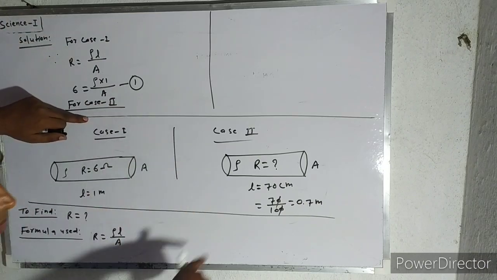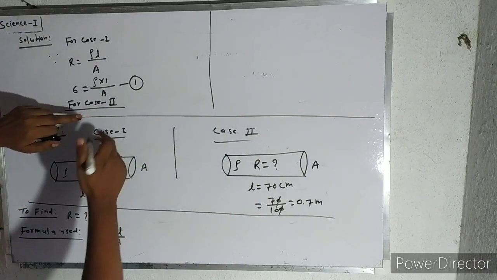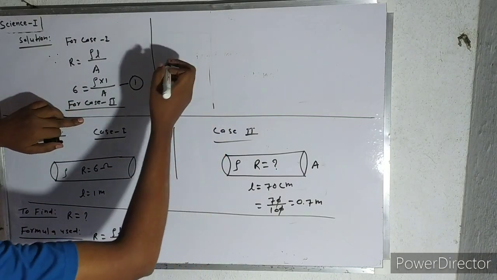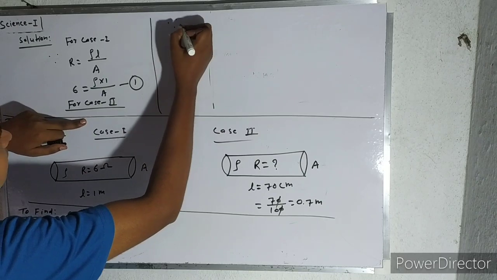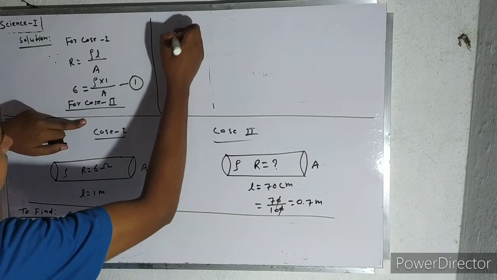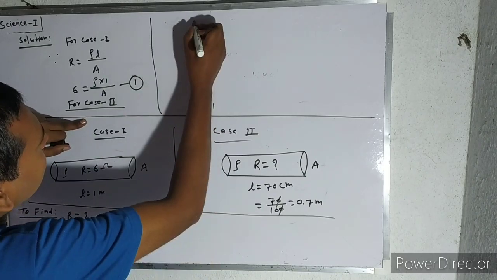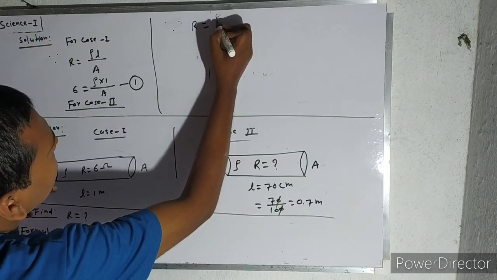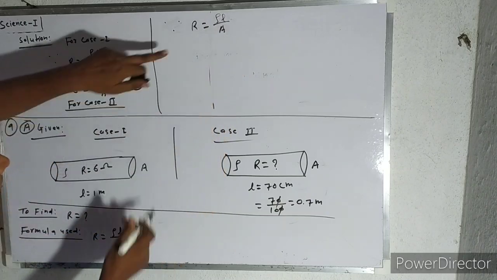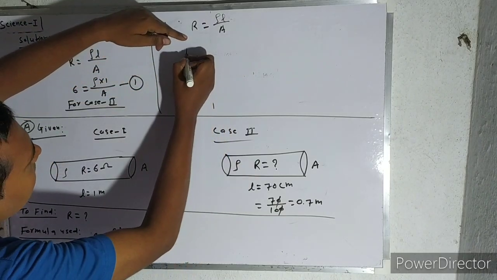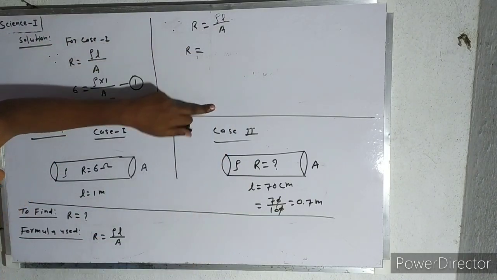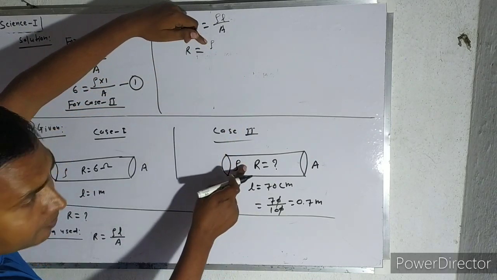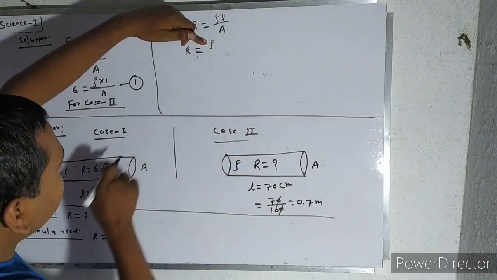For case 2, I am talking about this case. Since we know that R is equal to rho L upon A, in place of R we will write R, because we have to find R. Rho is the same, since the material is the same and the wire is the same.